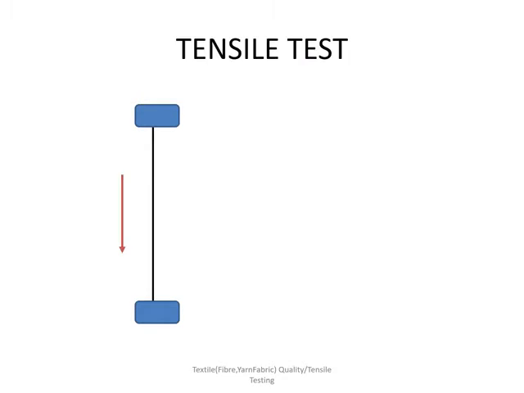We have a material. You can see the black color is a textile material, maybe a textile fiber or textile yarn, or maybe a fabric. This is held between two jaws, and if you apply a force along the axis, the force is given in the direction of the arrow mark.